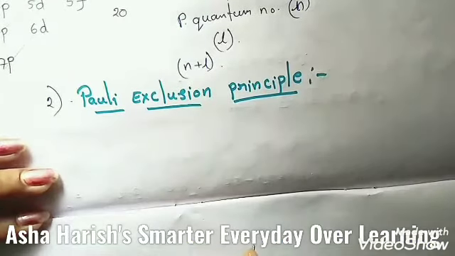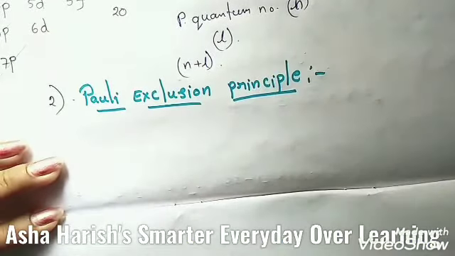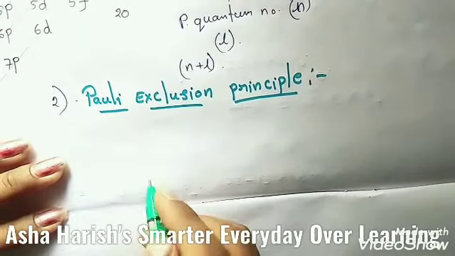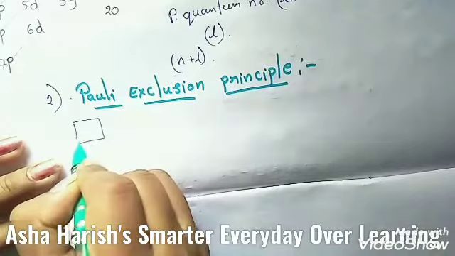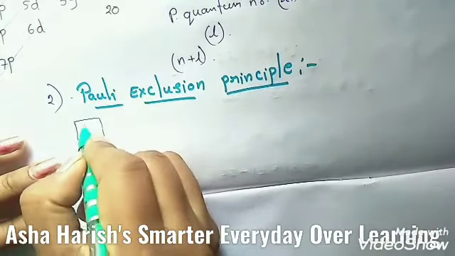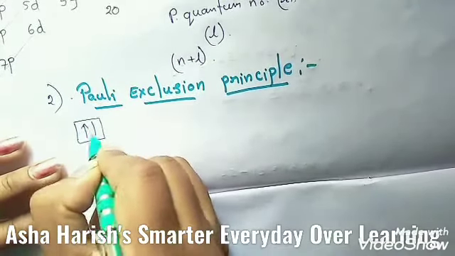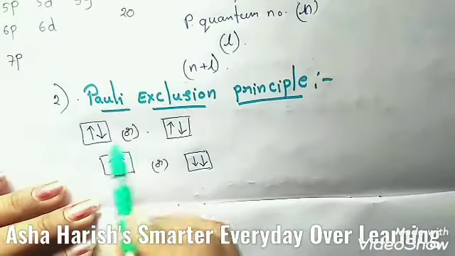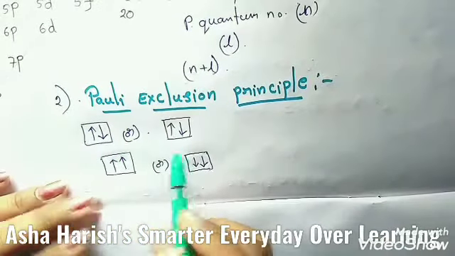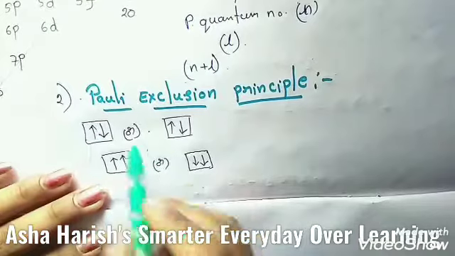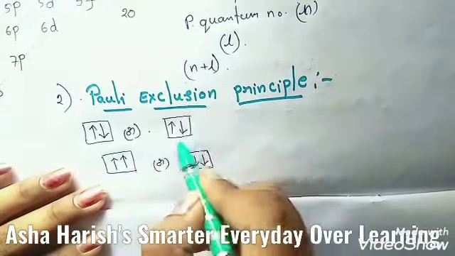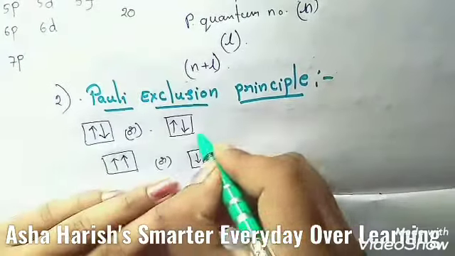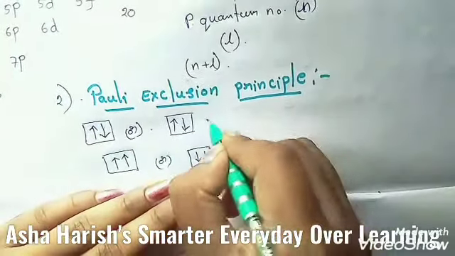For example, 2 electrons in an orbital can be represented like this. See students, this one has the spin in the upward direction, this is the downward direction, and this is the correct way of representation.